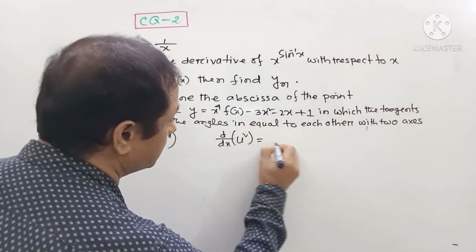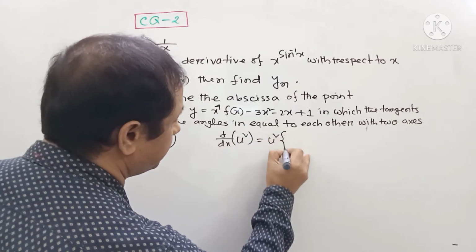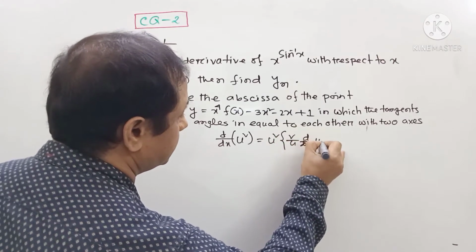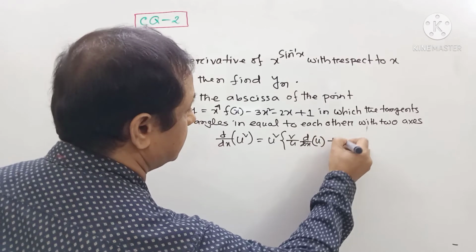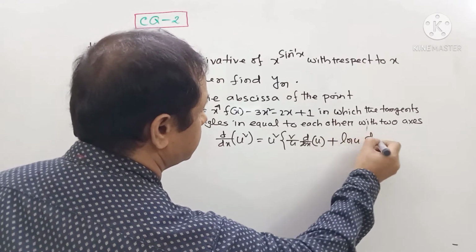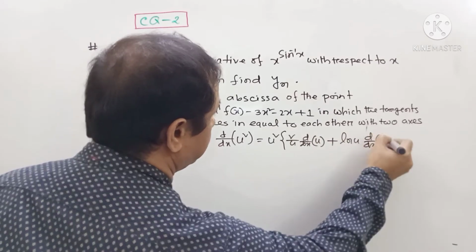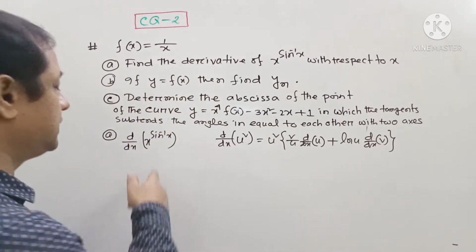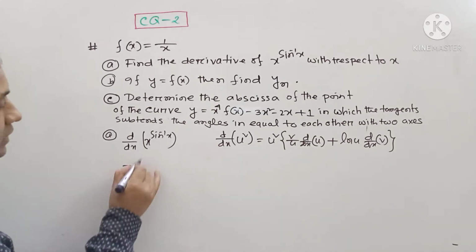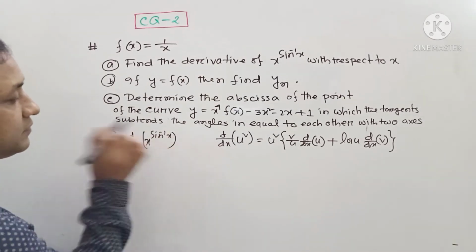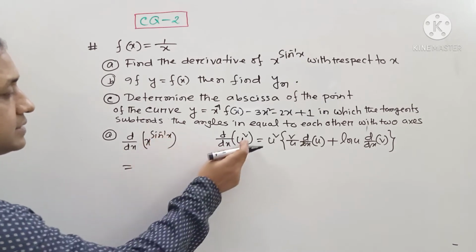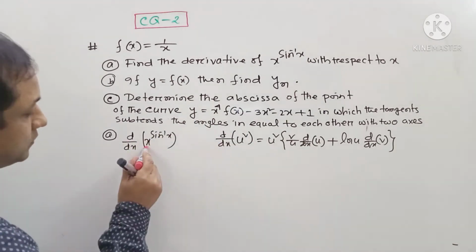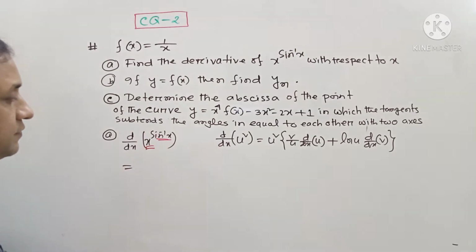Now we know that for u to the power v, the derivative is u to the power v, then v by u d/dx of u plus ln u d/dx of v. This is the formula. So using this formula, here u is x and v is sine inverse x.